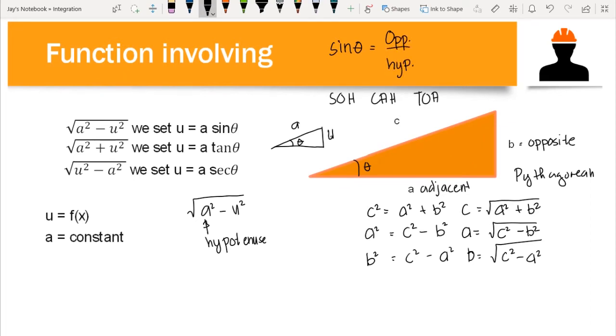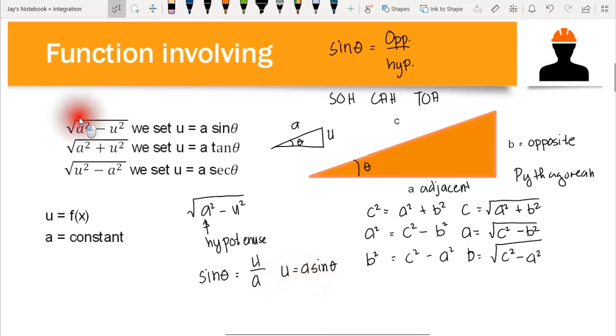Therefore, in this case, looking at this right triangle, sine theta is the opposite, that is u, over the hypotenuse, which is a. So we can say that our u here is equal to a sine of theta. Again, our u is any function of x, and a is a constant.